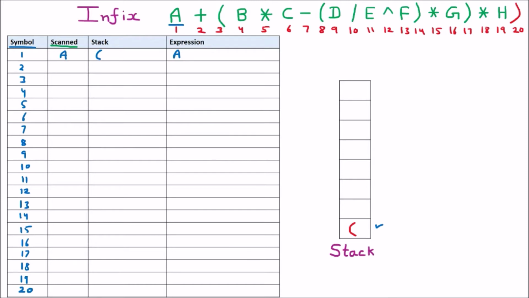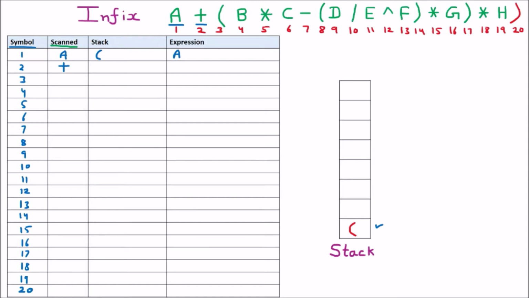Afterward we go to the second symbol, which is 2. Here we have the plus. So plus is encountered. Whenever an operator is encountered, there are two cases. Case number 1: we have to check, is some operator present in the stack?